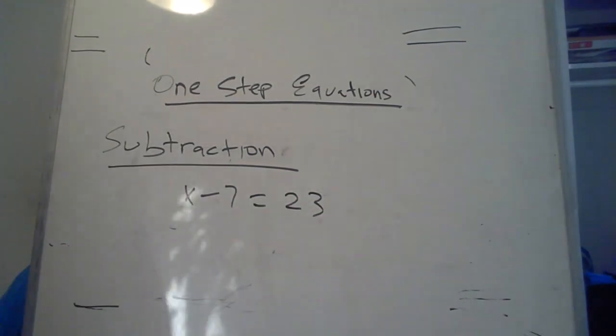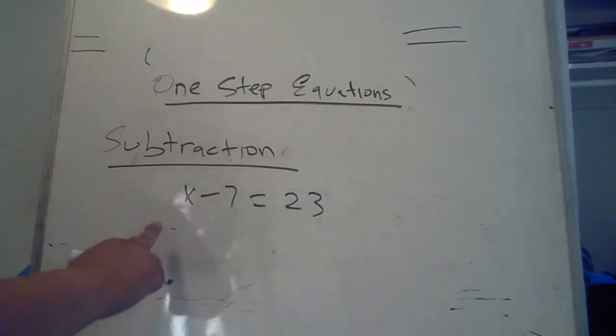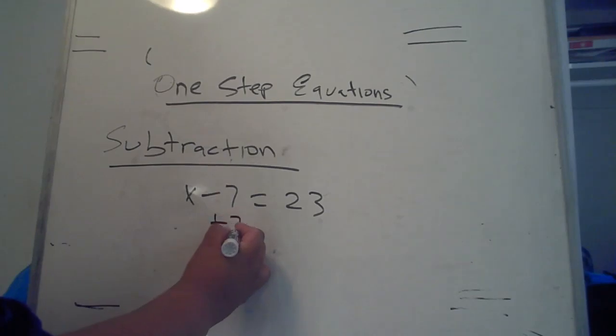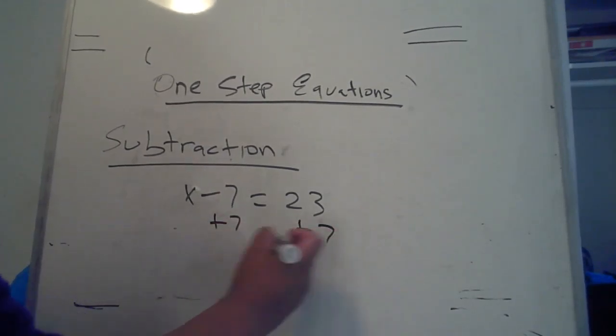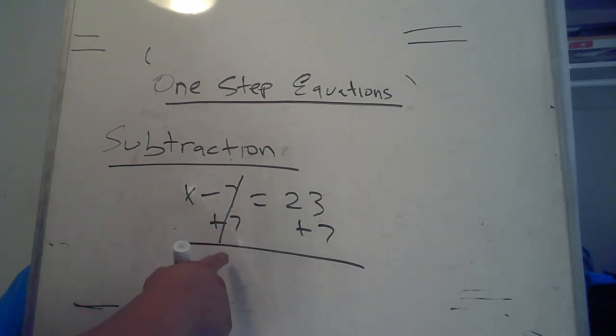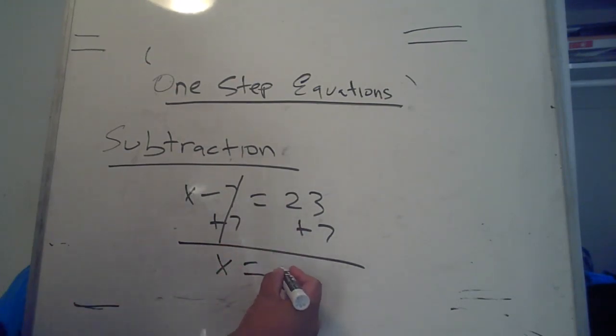Remember, for this type of one-step equation, you have to do the opposite of what you see. We see a minus 7, so we do the opposite, which is plus 7. We cancel this one because minus 7 plus 7 equals 0. So we're always left with x on the left side. x equals 23 plus 7, which is 30. And that's our answer.